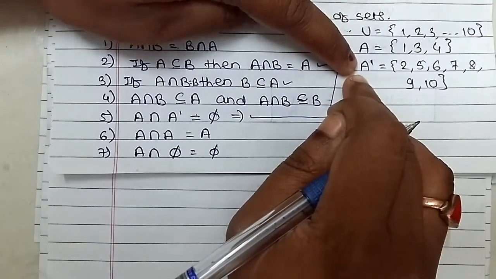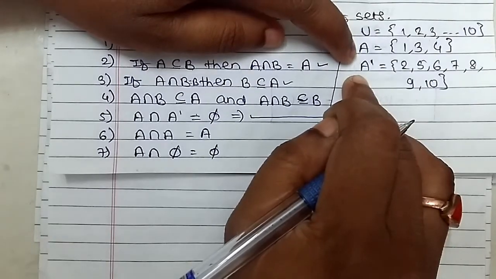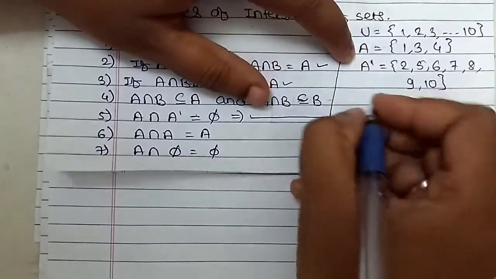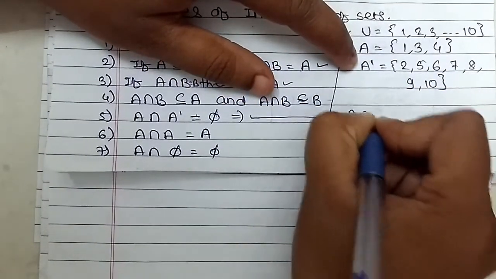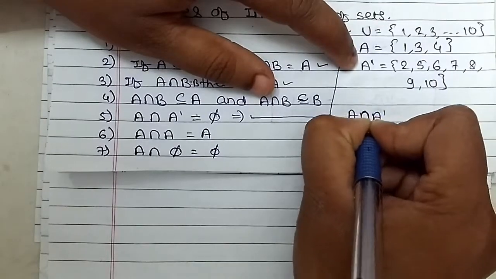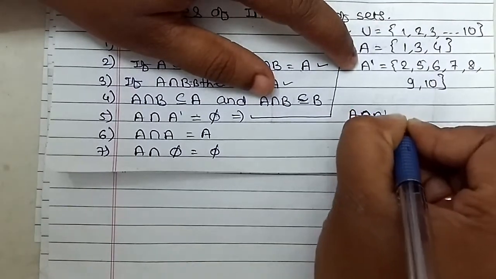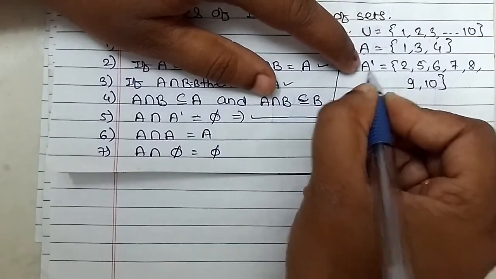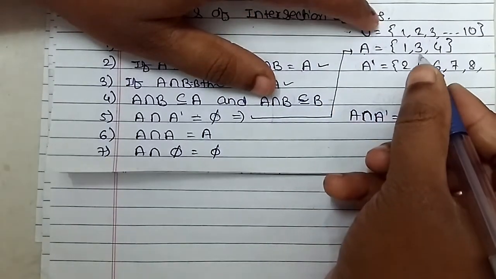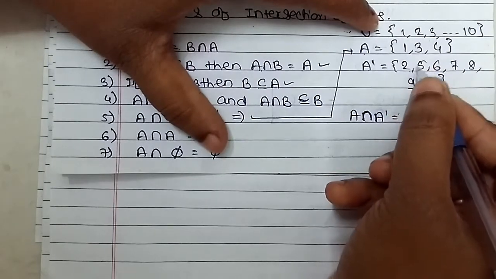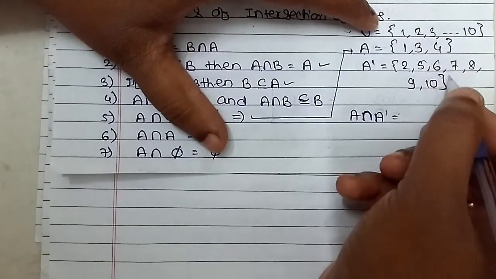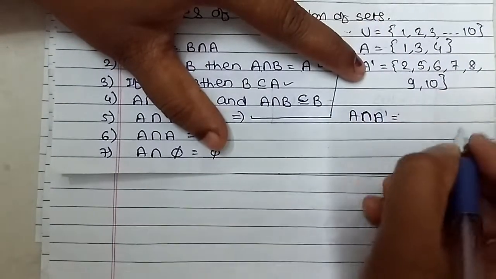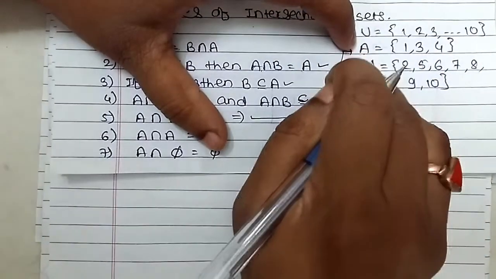When I take the intersection of these two, that is A intersection A dash, intersection means common elements we want to put. So tell me the common elements between A and A dash. Is there any common element? 1 is not common, 3 is also not common, 4 is not common. That means no element is common between A and A dash.